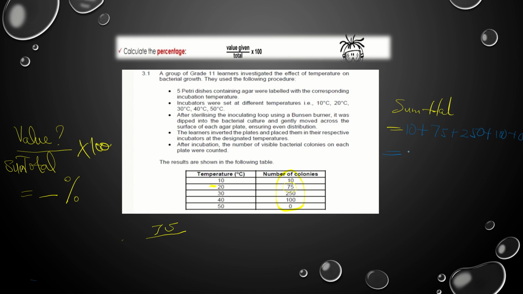Okay, I hope you've done it. Now when I use my calculator, I get 435 colonies. Let me request here: when you do any calculation in life science, don't act mathematics smart.